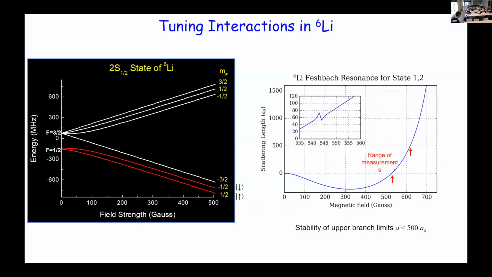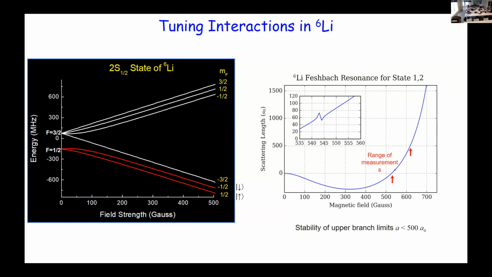In our experiments, we use lithium atoms, and historically, for me, that's because lithium comes in two stable isotopes, one of which is a fermion and one of which is a boson. In the fermion case, which is of interest here, lithium-6 is the composite fermion. It consists of an odd number of spin-one-half particles, and these are the various hyperfine sublevels in the ground state.